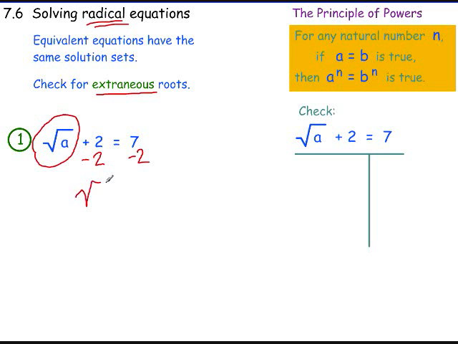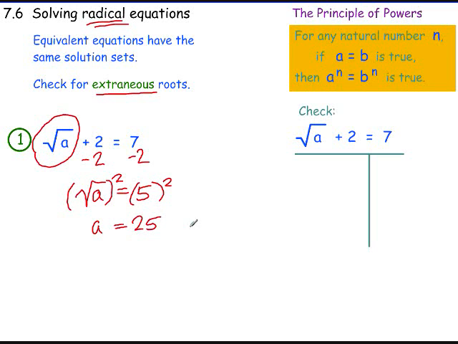We'll have the square root of A is equal to 5. So what must A be? Well, we're going to square both sides. If we square a square root, we'll get what was the radicand, an A, equals 25.